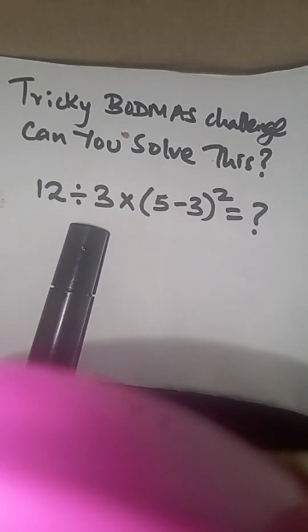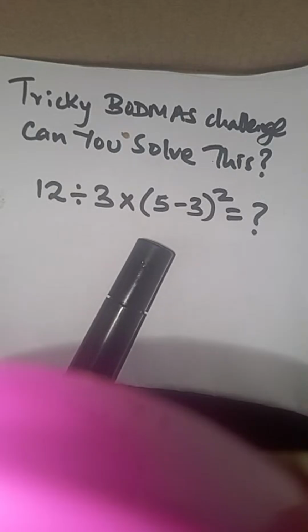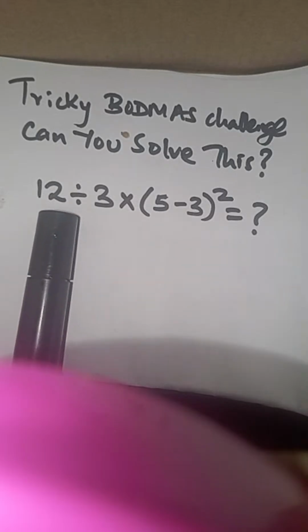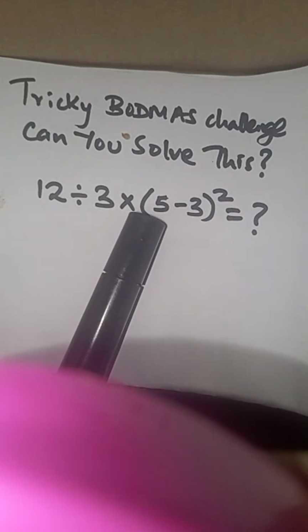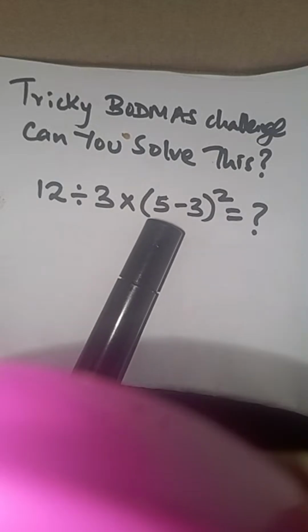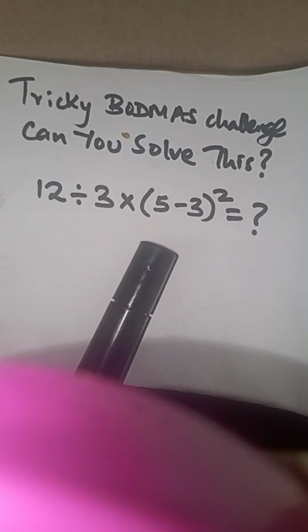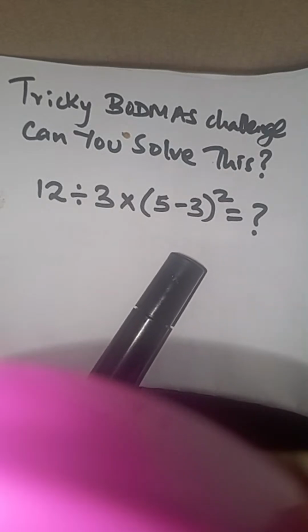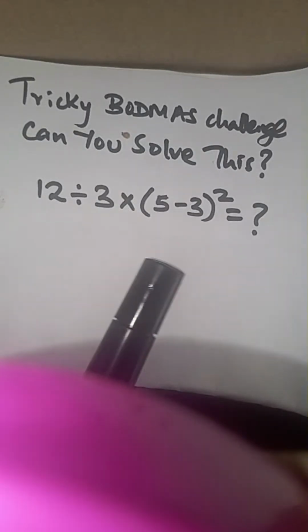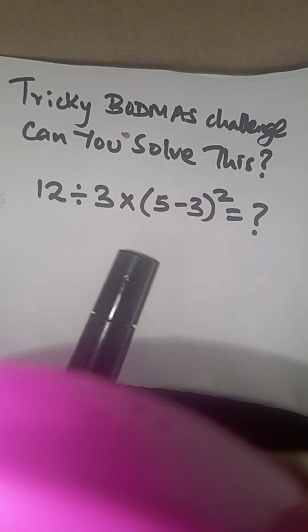Shelly is saying the answer is 1. So guys, how do you get 1 from 12 divided by 3 multiplied by 5 minus 3 squared? Shelly, welcome.